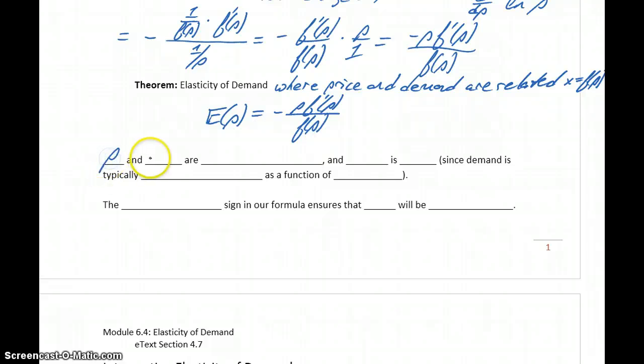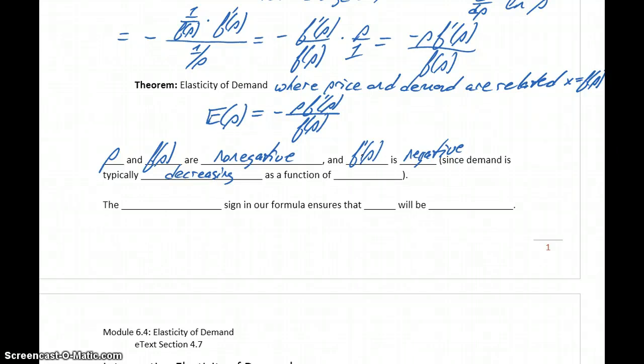So here, price and f of p, which is really just the same thing as x, our demand, are again both non-negative values. And the derivative of our demand function is always going to be negative, since demand is typically decreasing.